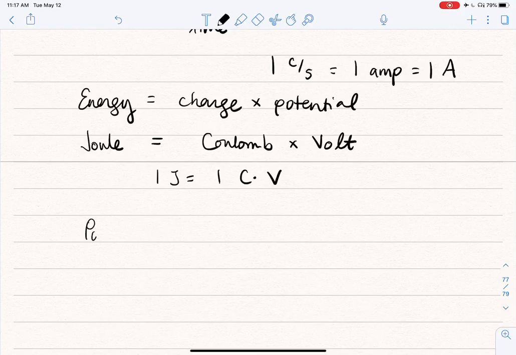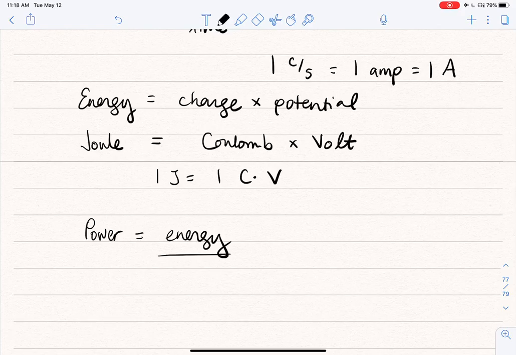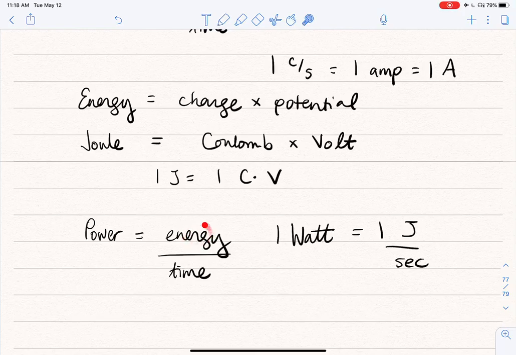The final definition that I want to give you guys is power. There's an old joke in physics, watt is power, because power is typically expressed in units of watts. Power is the amount of energy per unit of time, and 1 watt is equal to 1 joule per second, because you're dealing with energy, which has a unit of joule, over time, which has an SI unit of seconds.